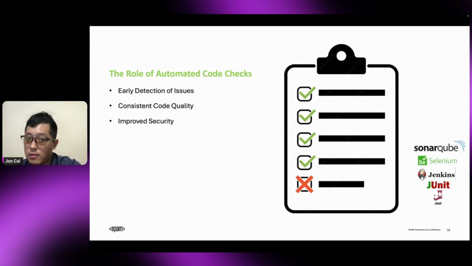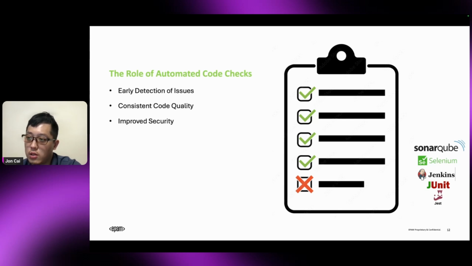The second benefit is consistent code quality. Because automated code check enforces coding standards and best practices consistently across the code base, this ensures that the code is maintainable, readable, and matches industry standards.